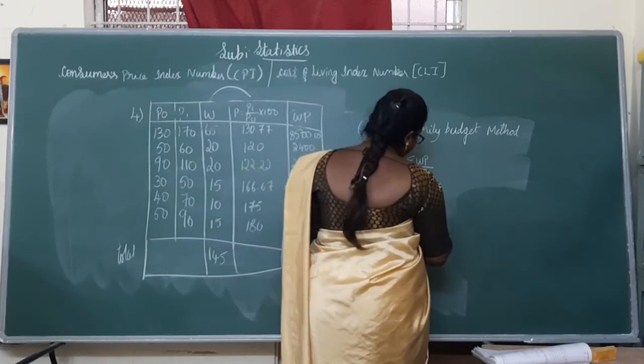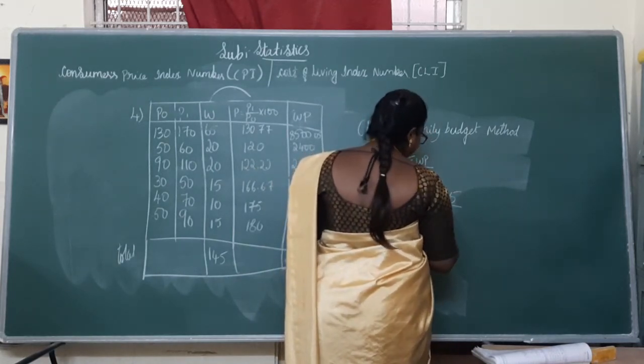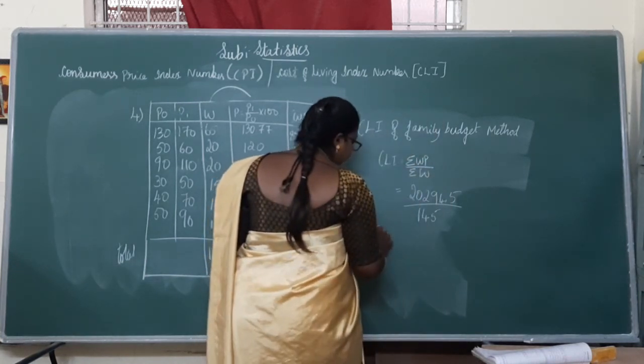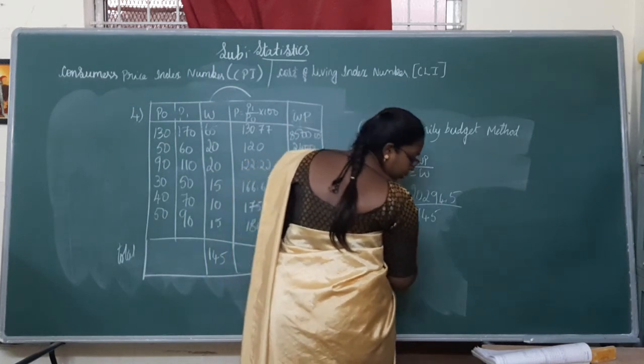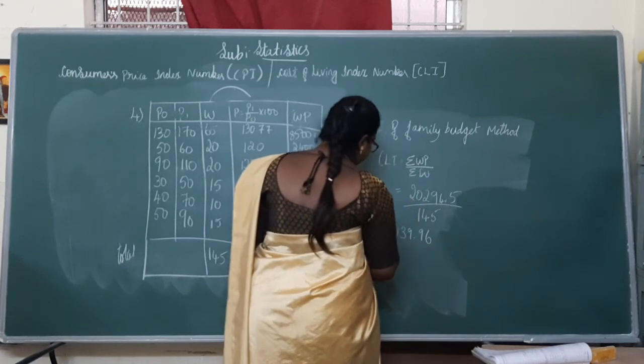So 20294.5 divided by 145. I will get my CLI as 139.96.